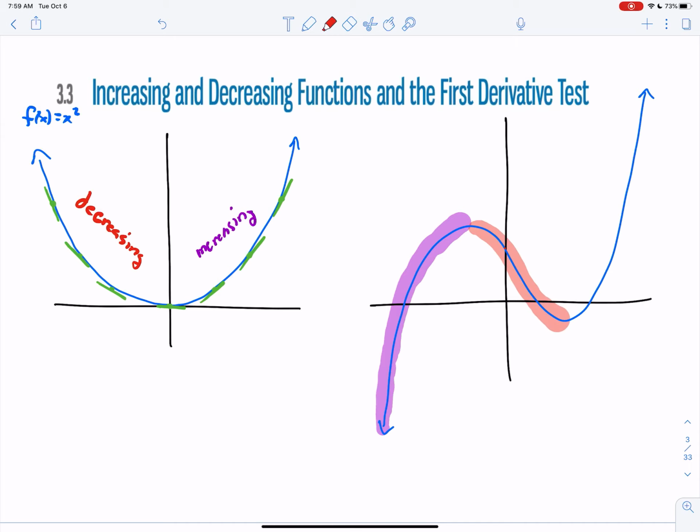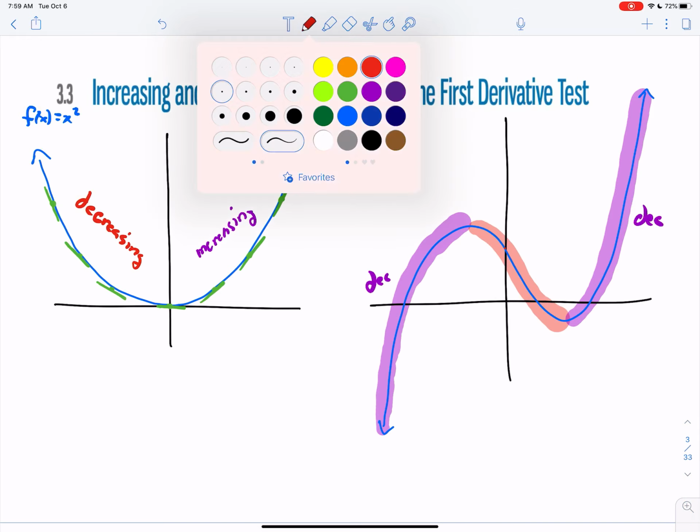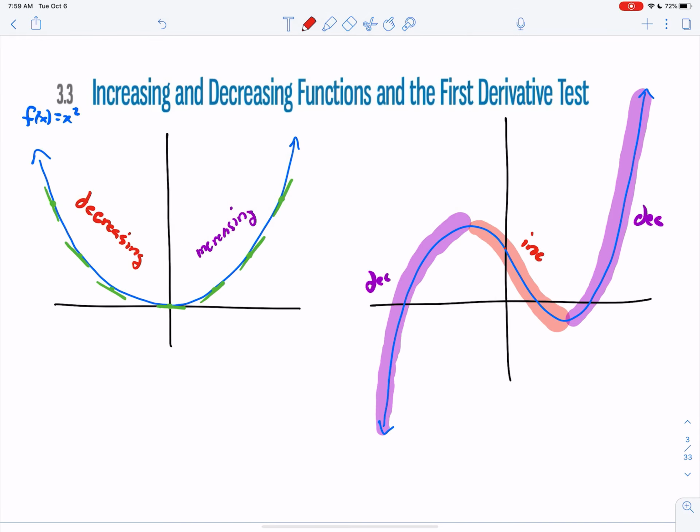And then eventually it stops decreasing in y values and then it starts to increase again in y values. Okay, so increase just means it goes up, decrease means it goes down. Okay, so let me label that right now. So it starts to decrease at these purple intervals, and then it starts to increase at this.